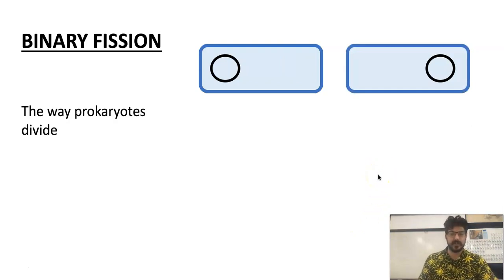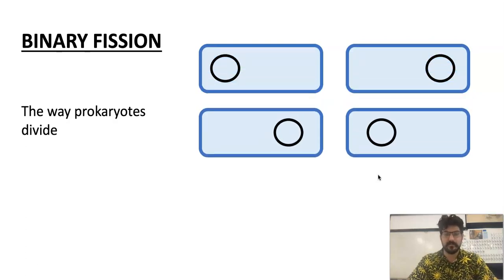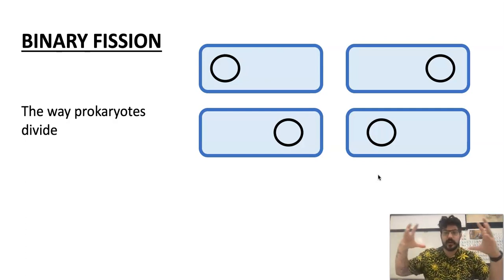I know the animation was a bit janky there, but this one works properly, I promise. So again, it just replicates and then splits apart. See, a little bit better. So we end up with this lovely situation where we have enough DNA to spread around. The DNA is able to replicate at a really, really fast rate, and that is how our bacterial cells manage to keep themselves going and spreading colonies.